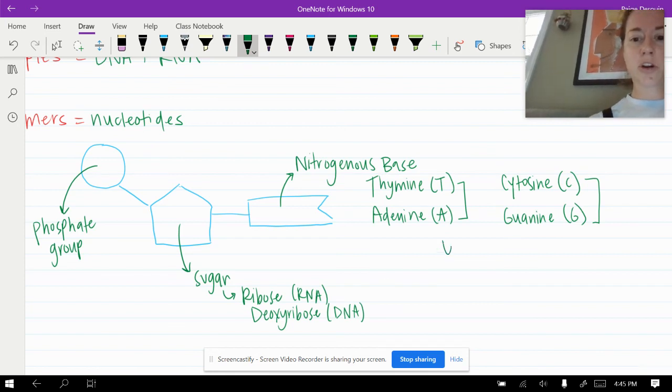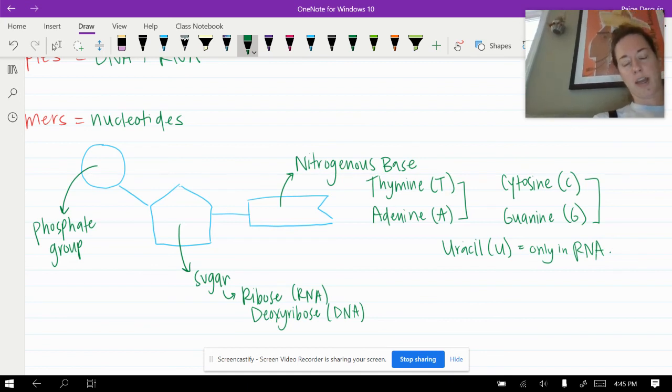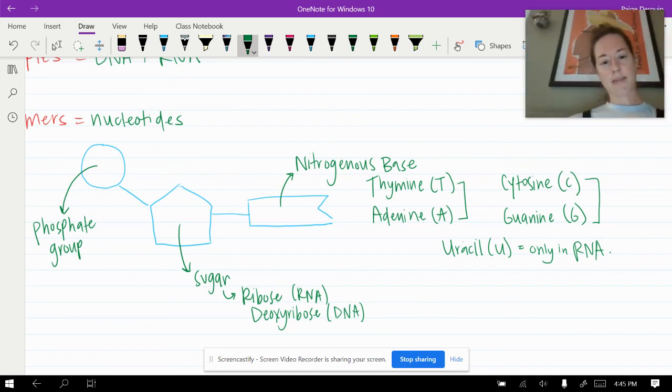Then there's also uracil. I think that's actually supposed to be a U. Uracil is U. This is only in RNA. We're going to talk about nucleic acids a lot more when we get to our unit on DNA. So for now, I'm just going to leave it at that.